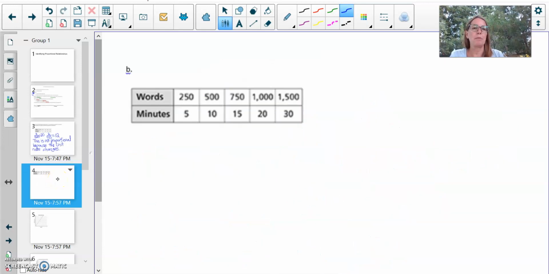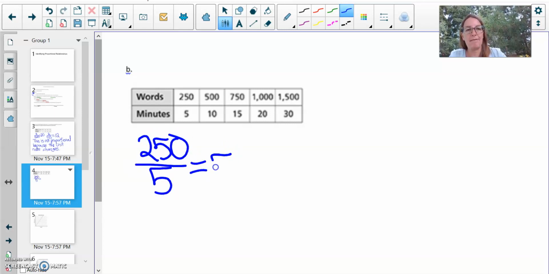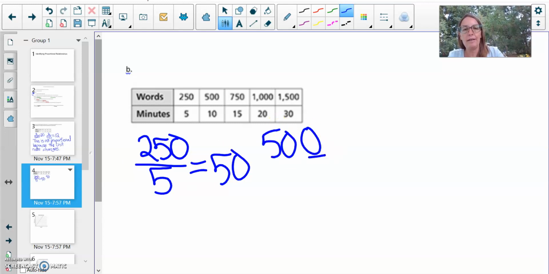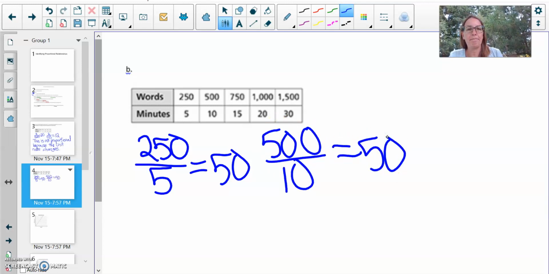Okay, our next example, words and minutes. So I'm going to divide the words by the minutes. So I'm going to divide 250 by 5, and that would be 50 words per minute. Then I look at the next column, I'm going to divide 500 by 10. That's also 50.